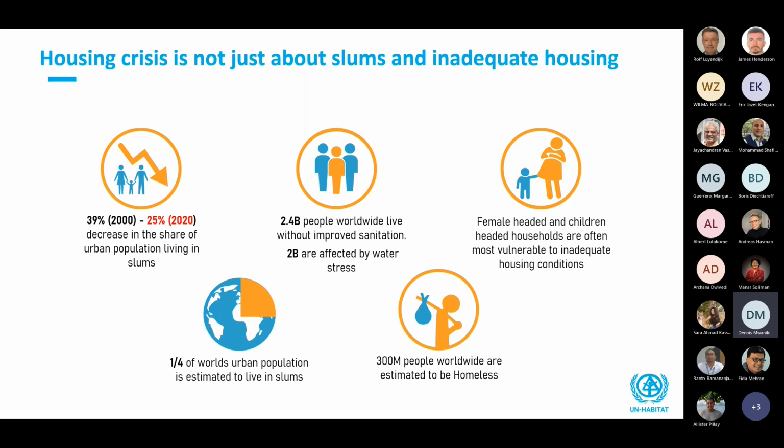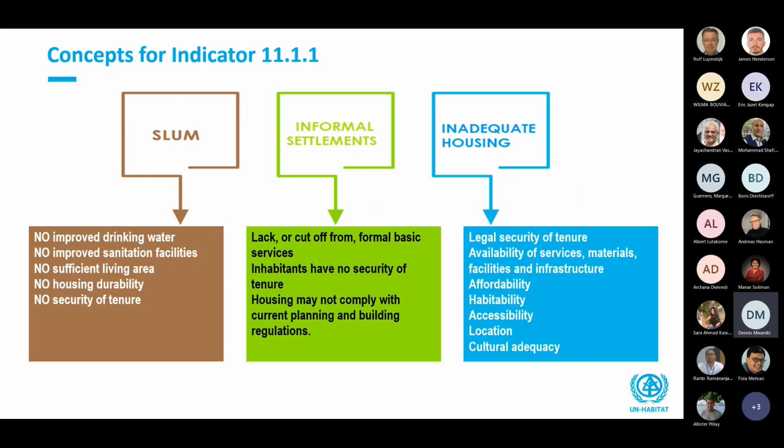So to the more measurement related issues, as I mentioned, we have three components of the slum indicator, the SDG 11.1.1. We have a definition for what we call the slum, for informal settlement and for inadequate housing.